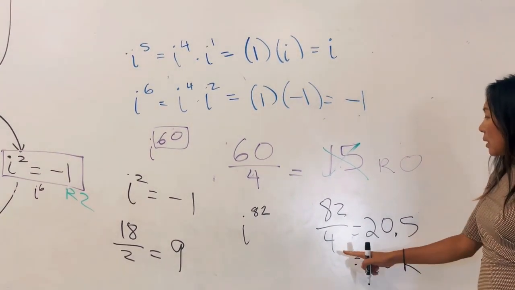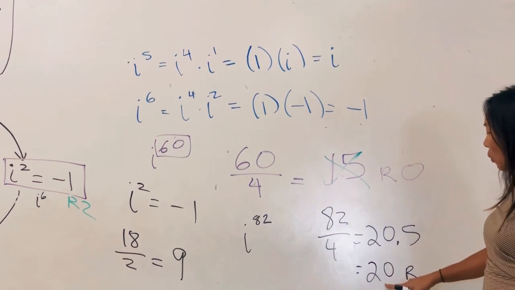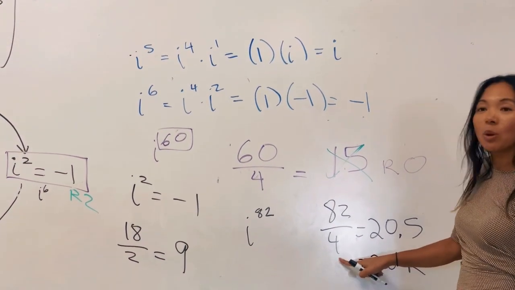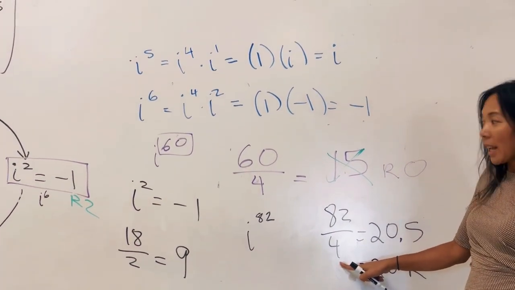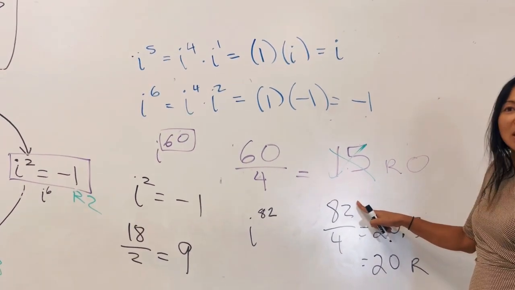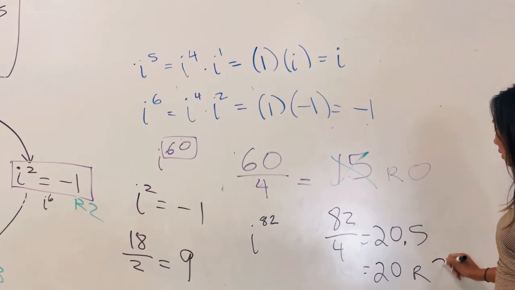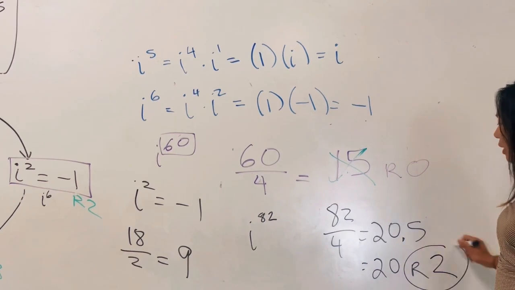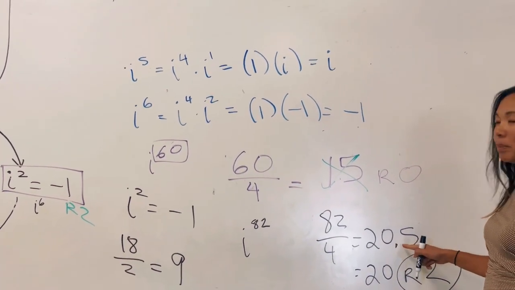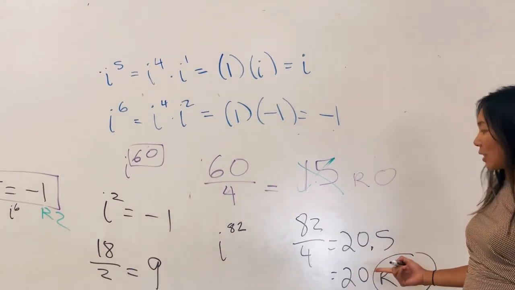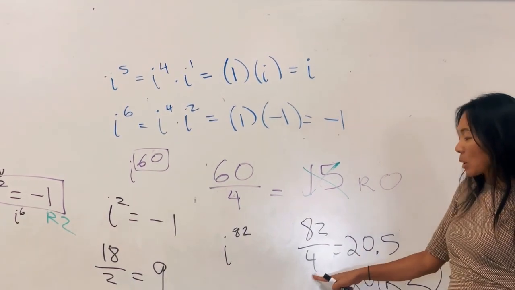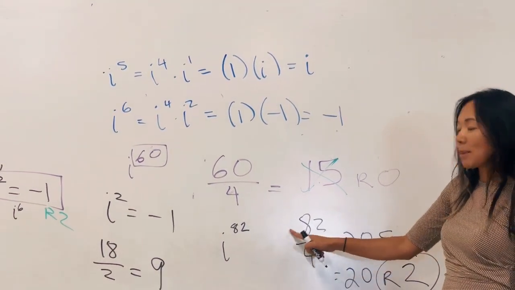Negative 1, 2. Well, if you're not sure, you take 20 times 4, which is 80. So how many more steps do you need? Remainder 2, right? If you're not sure how to convert a decimal to a remainder, you just take that number, multiply it by the denominator, and ask how many more steps you need to go.